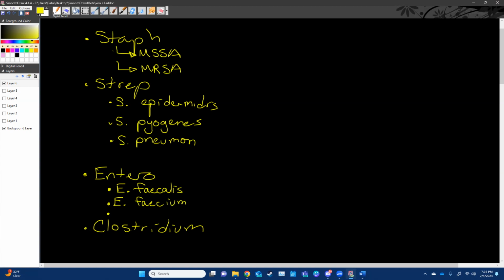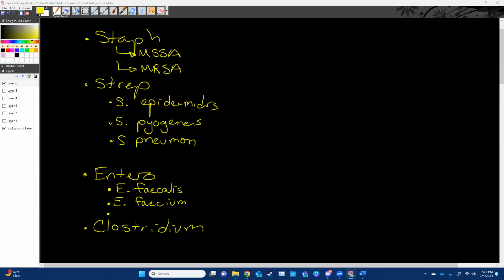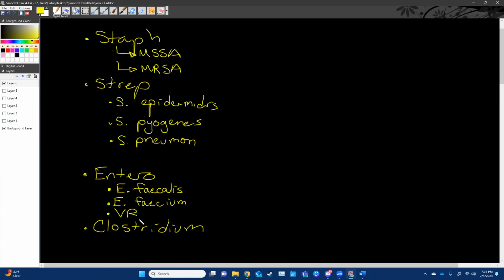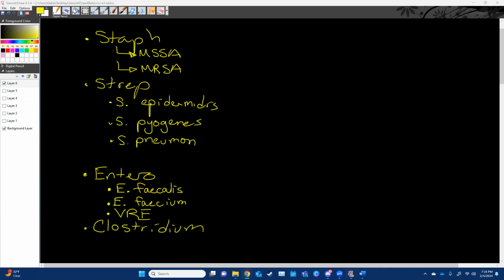And then what do we call enterococcus that is resistant to certain antibiotics? VRE, vancomycin-resistant enterococcus.